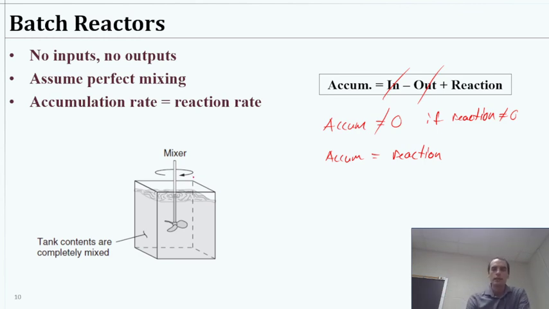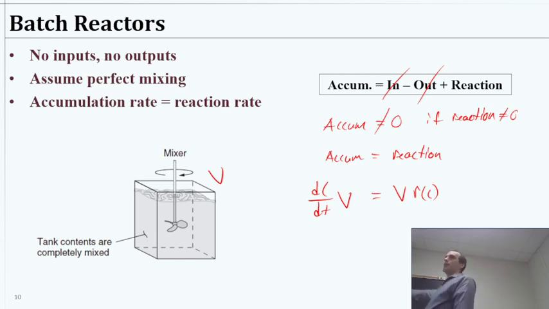So what this would look like then is if we had a volume, we could say the accumulation term, dC/dt, in that volume is equal to the reaction term in that volume. So V, and I'm going to leave it as R of C, where we can fill in R of C based on what we learned about the reaction rate, depending on what reaction rate we have there, the rate order, and is it positive or negative.